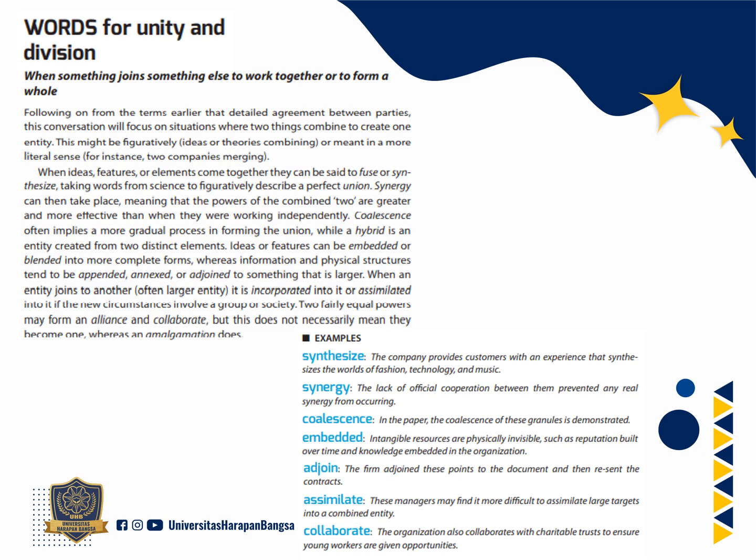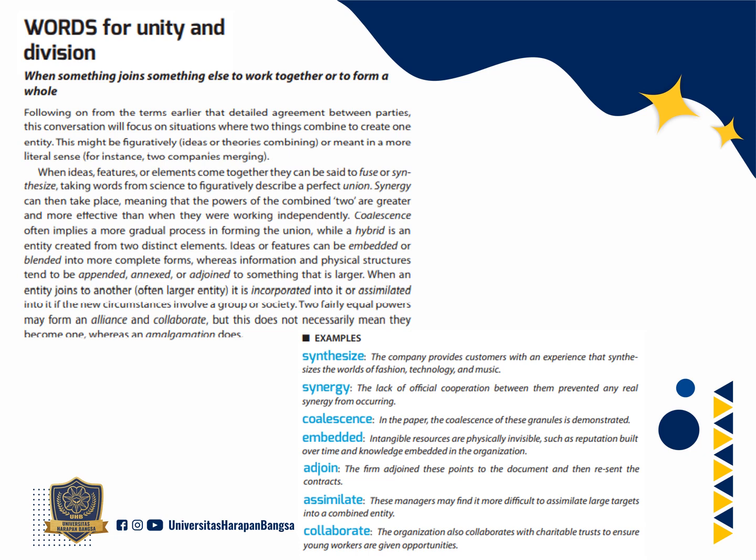Meld often implies a more gradual process in forming the union, while a hybrid is an entity created from two distinct elements.